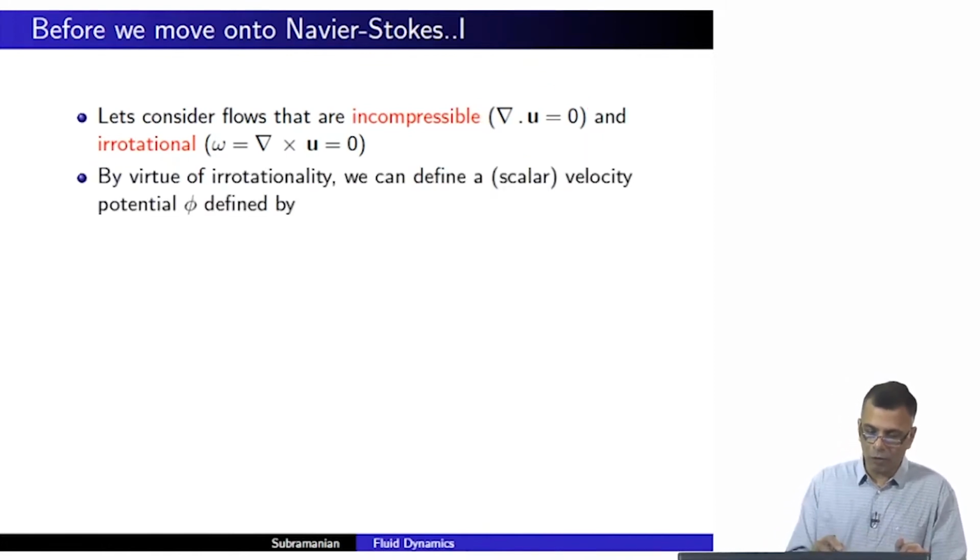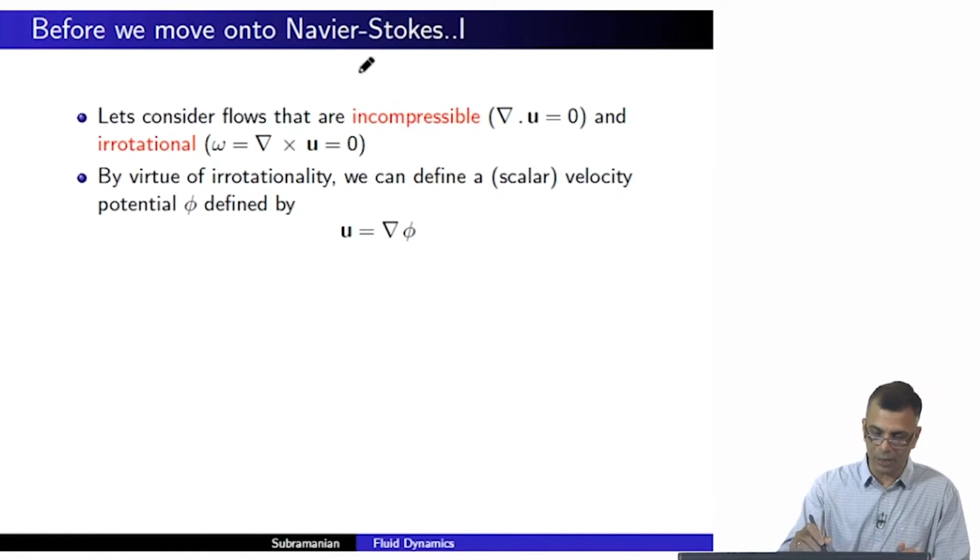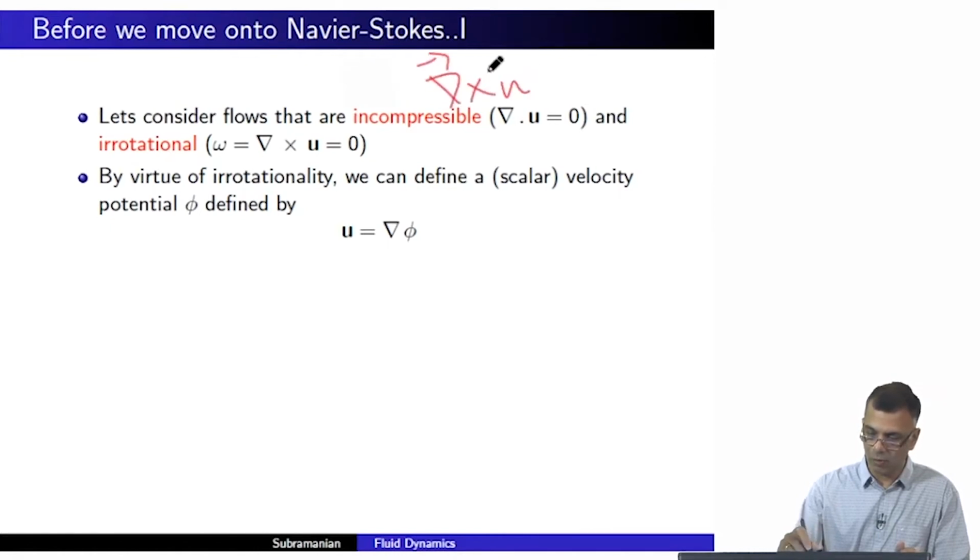Now, by virtue of irrotationality, by virtue of the fact that the curl of u is 0, you can define a scalar potential like so. Why? Because the curl of the gradient of a scalar function is always 0. The curl of u is 0, we already said that.